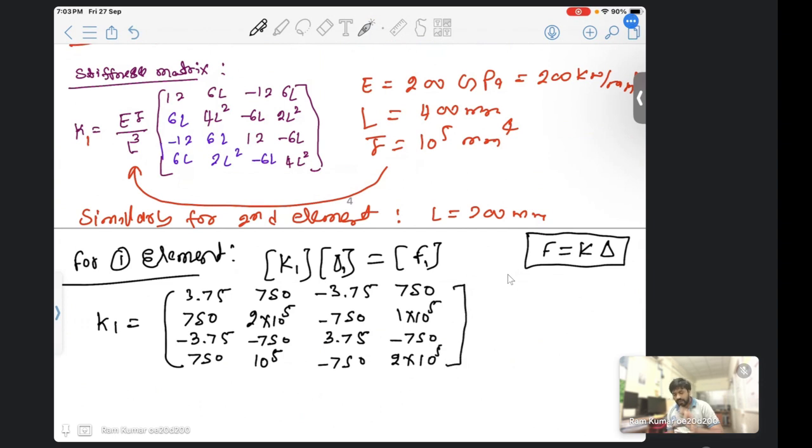Just verify. This will be our stiffness matrix for the first element.